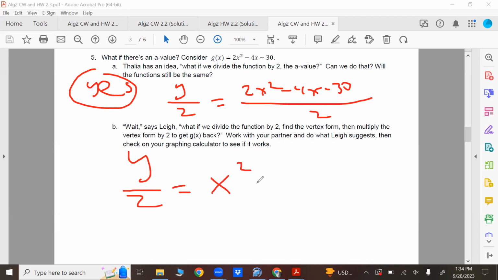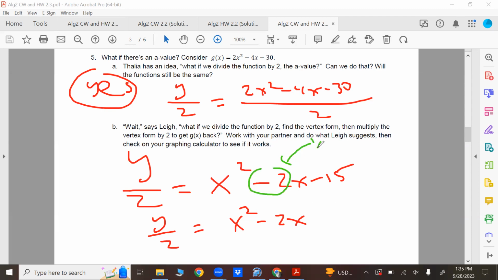X squared. And can I factor that? Or actually, before I factor it, we want to complete the square. Okay, what's half of negative 2, then squared?